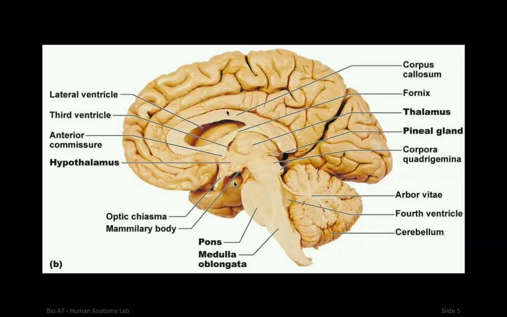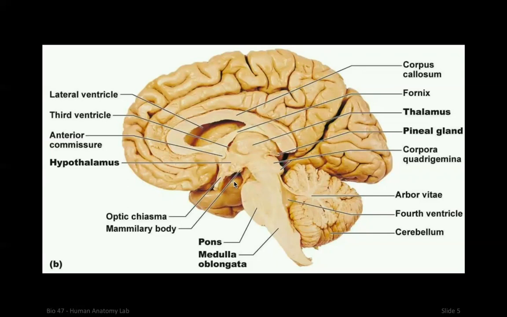So recall that there's the choroid plexus, which would be up in the lateral ventricle, where cerebrospinal fluid is produced, and then cerebrospinal fluid would flow into the third ventricle, where more cerebrospinal fluid is produced, and then flow through that cerebral aqueduct into the fourth ventricle, and then out into the central canal of the medulla oblongata and the spinal cord, or bathing the surface of the spinal cord and the surface of the brain.